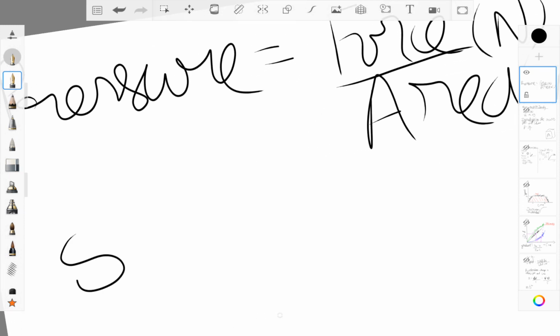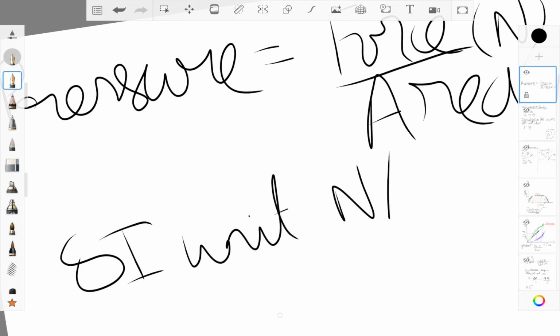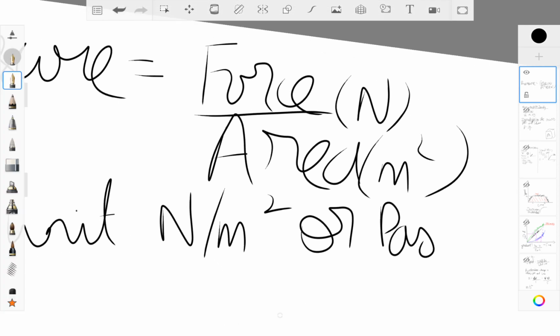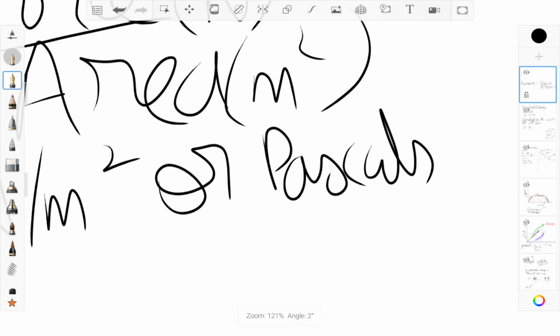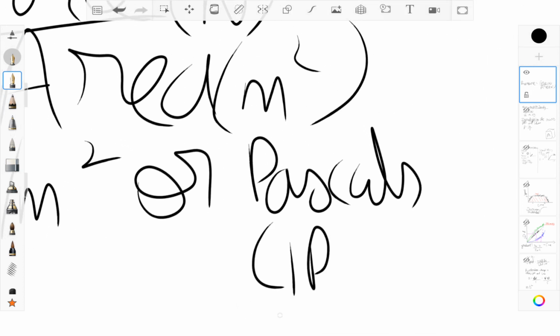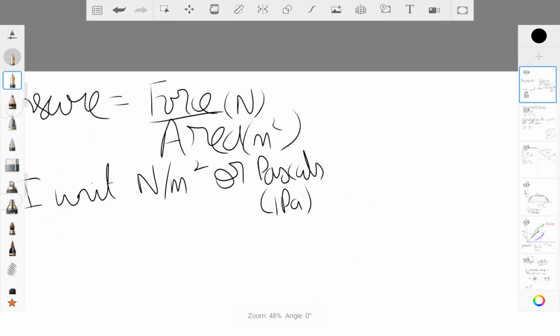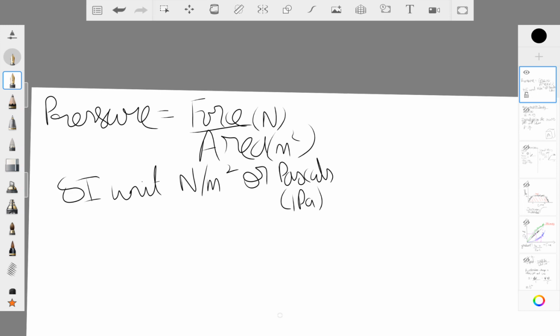So the SI unit for pressure is Newton per meter square, or pascals. So 1 Newton per meter square is 1 pascal, Pa. And that's just something you should know. You can also express it as Newton per centimeter square, but Newton per centimeter square is not the same as 1 pascal. So that's just something you should know.